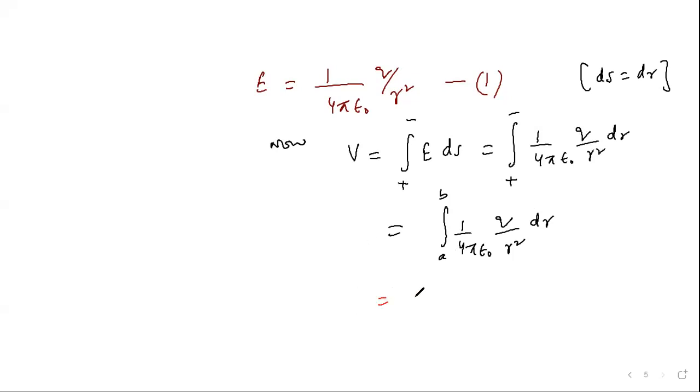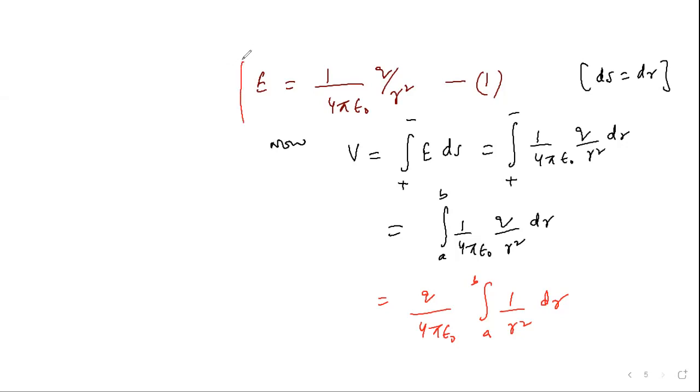It will be q by 4 pi epsilon naught integral a to b 1 by r square dr, right?